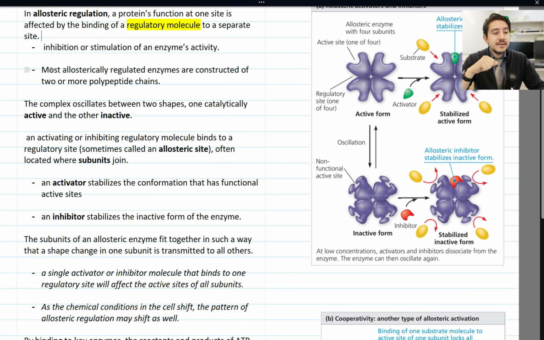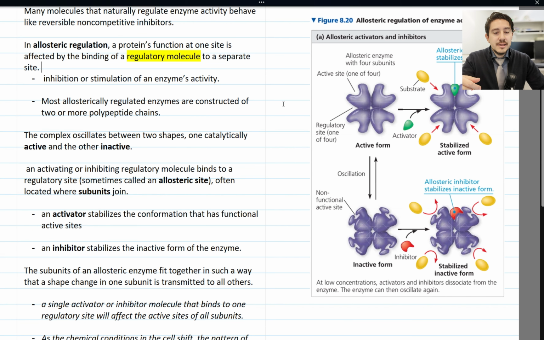These allosterically regulated enzymes are composed of 2 or more polypeptide chains. As you see in this particular example, you can have these little substructures of the enzyme.